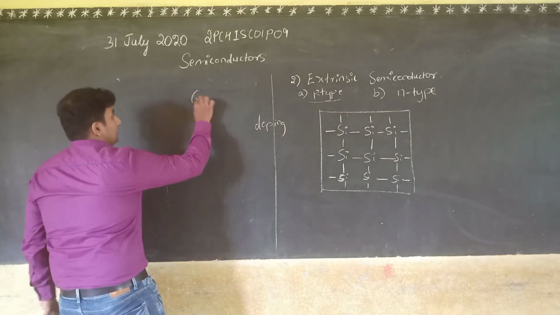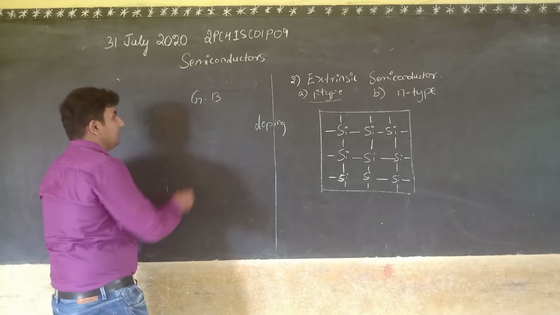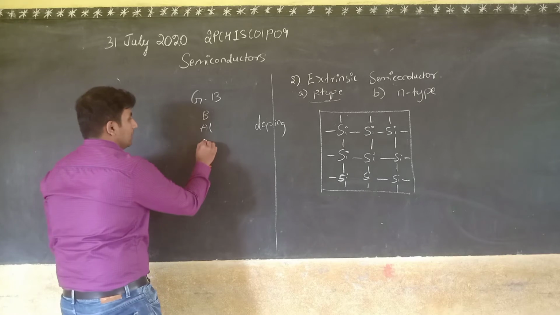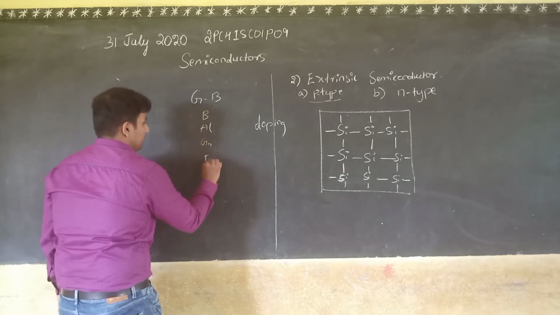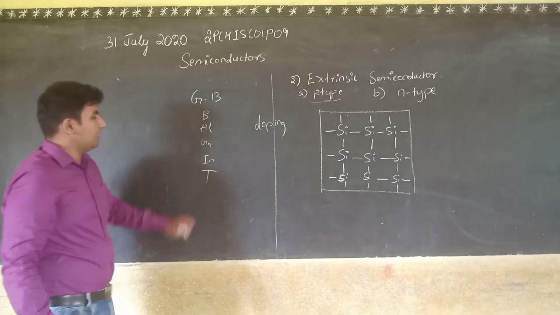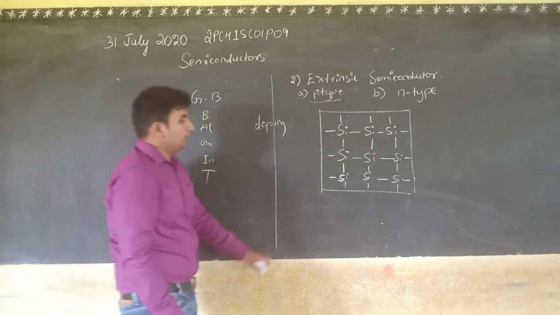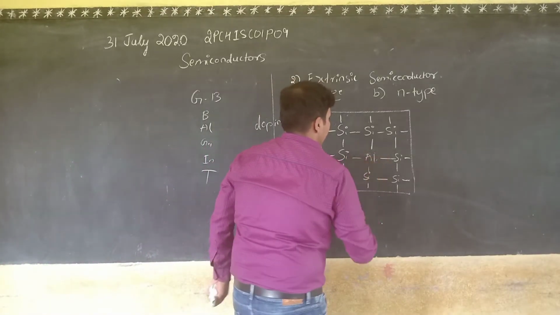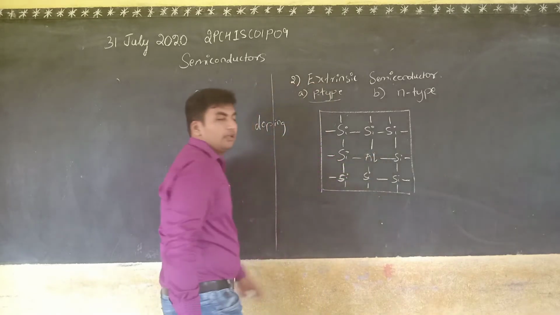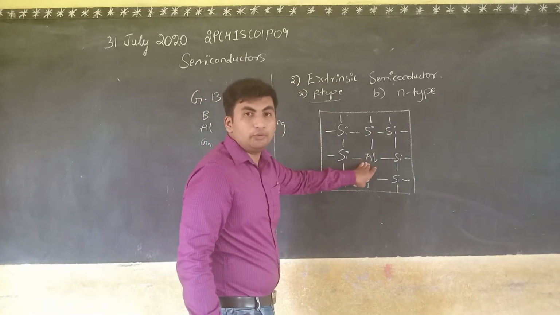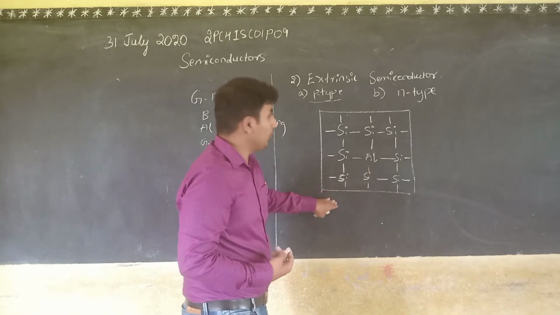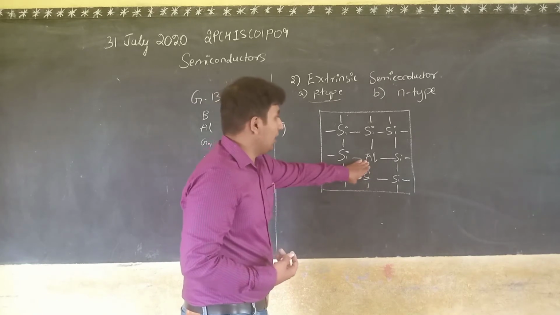If I consider group 13 elements, that is boron, aluminium, gallium, indium and thallium, and I replace this silicon atom with an aluminium atom, that means we have to introduce impurity into the pure intrinsic semiconductor.